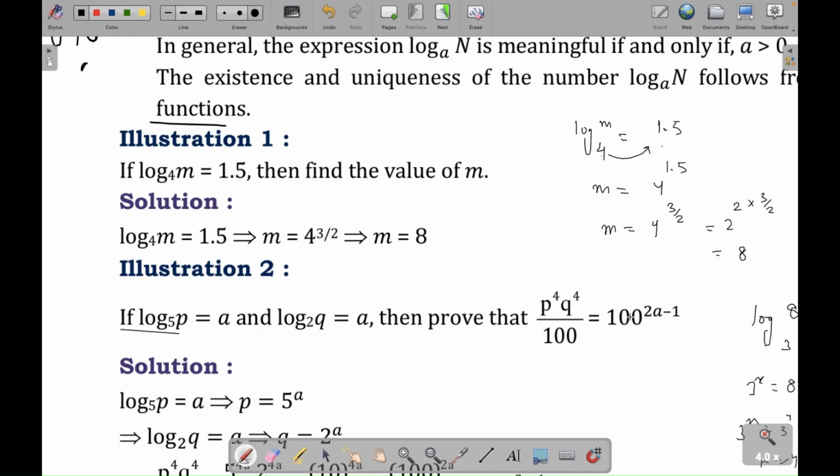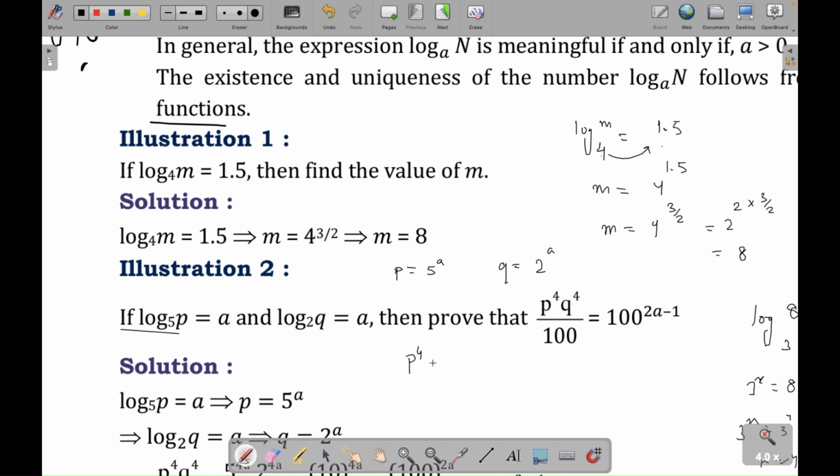p is equal to 5 raised to a. So if we put that value in p raised to 4 into q raised to 4, maybe you can first find the value of p to the power 4.